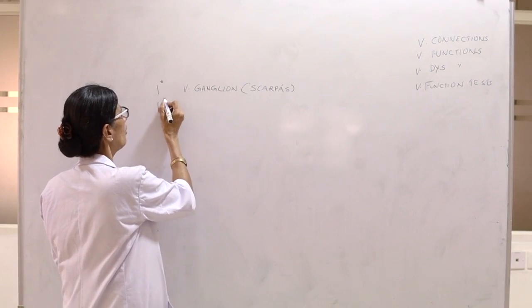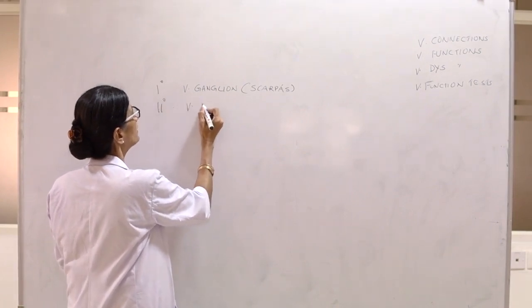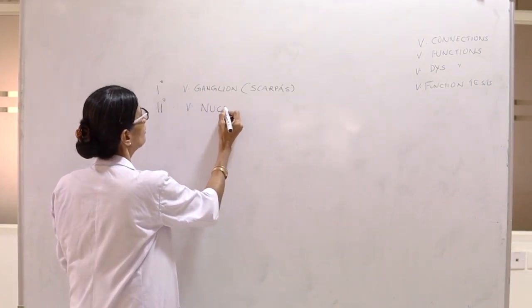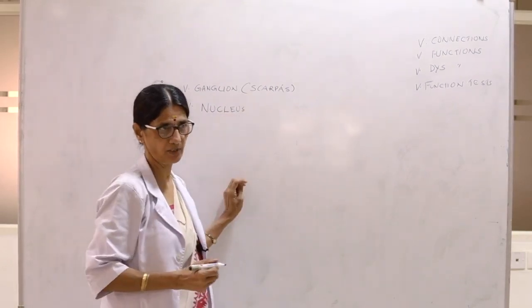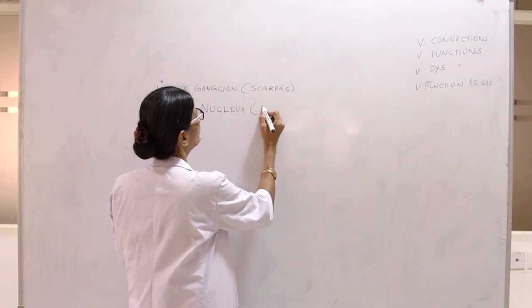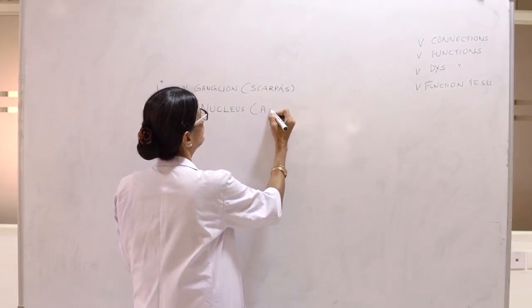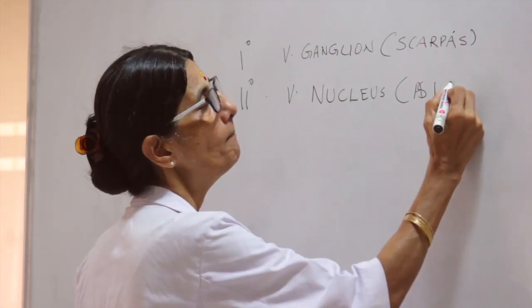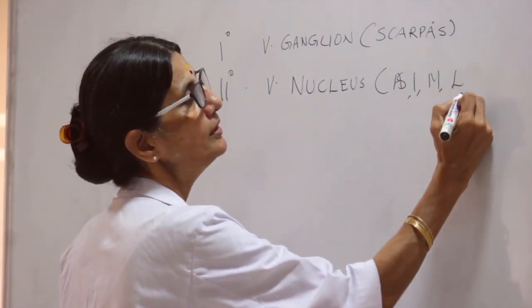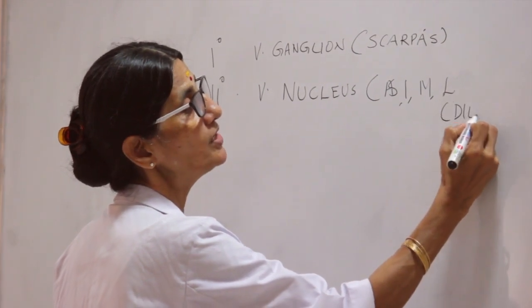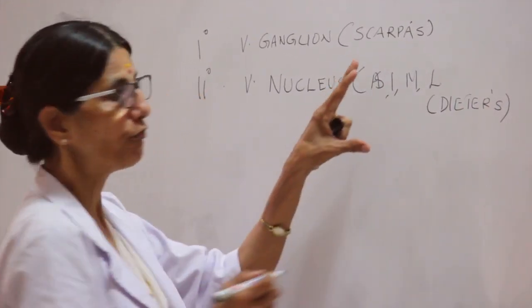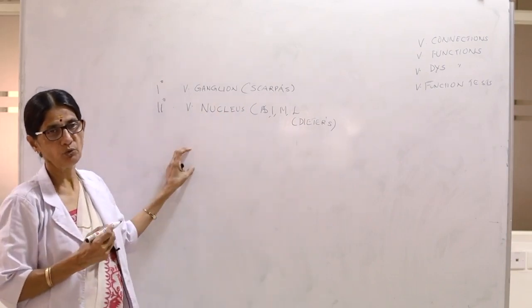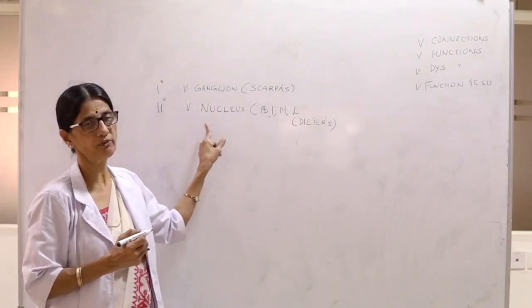Coming to the second order neuron, it is the vestibular nucleus, but here it is the vestibular nuclei because it has 4 divisions: superior, inferior, medial and lateral. The lateral one is otherwise known as Deiters' nucleus. So we have 4 groups of nuclei which together constitute the vestibular nucleus.